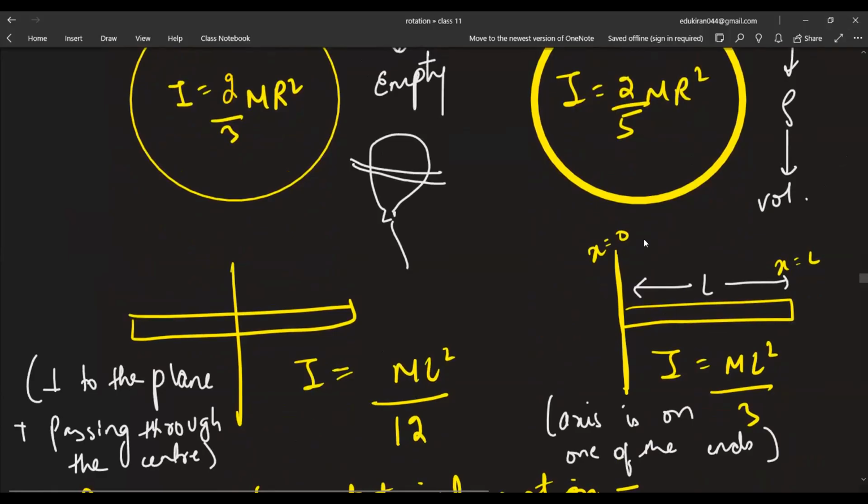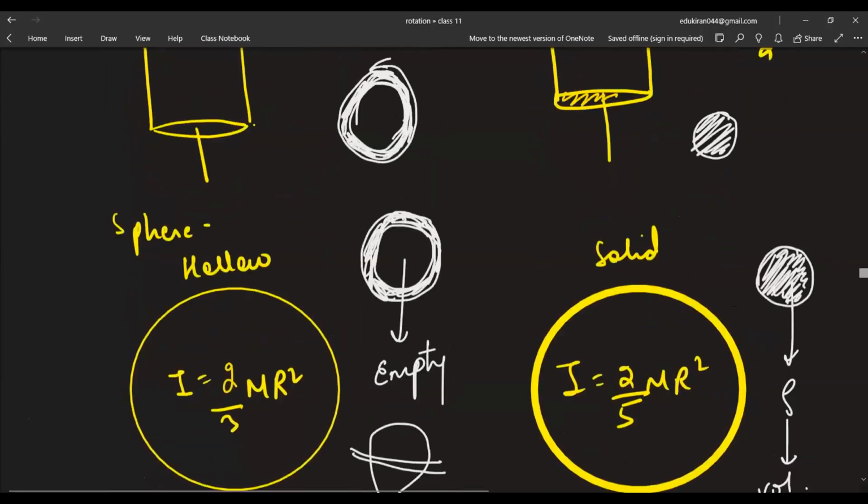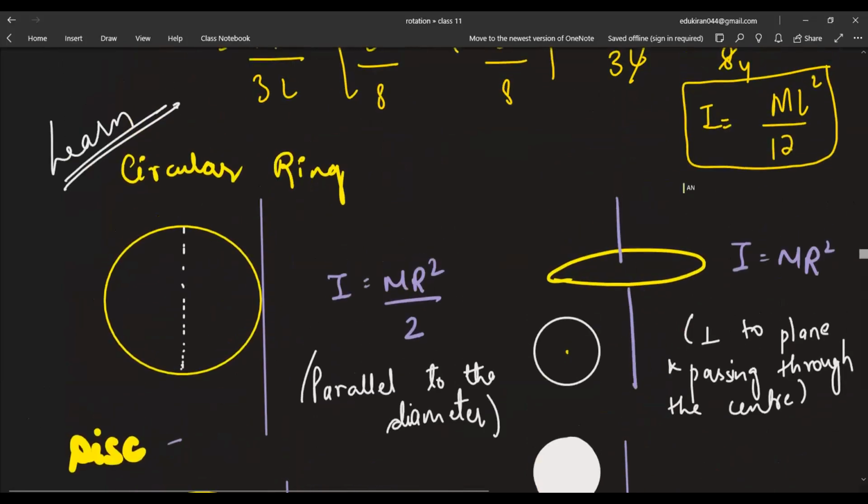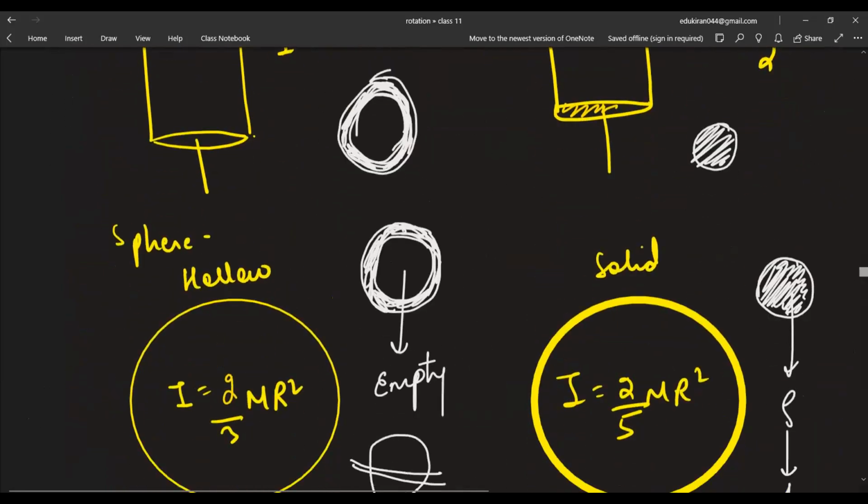If the axis is perpendicular to the rod and passing through the center, moment of inertia is ml square by 12. If it is towards one of the ends, it is ml square by 3.